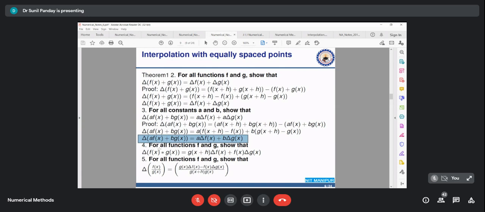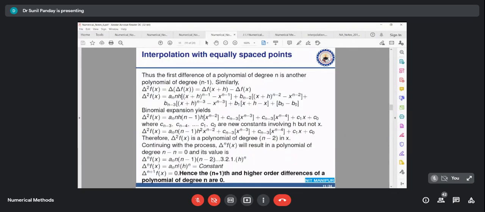Again, if you have two functions f and g, then the forward difference of their product is equal to g of x plus h times first forward of f of x plus f of x times first forward of g of x. And if you have f of x and g of x forming a rational function, then the first forward difference is g of x delta of f of x minus f of x delta of g of x, upon g of x plus h into g of x.